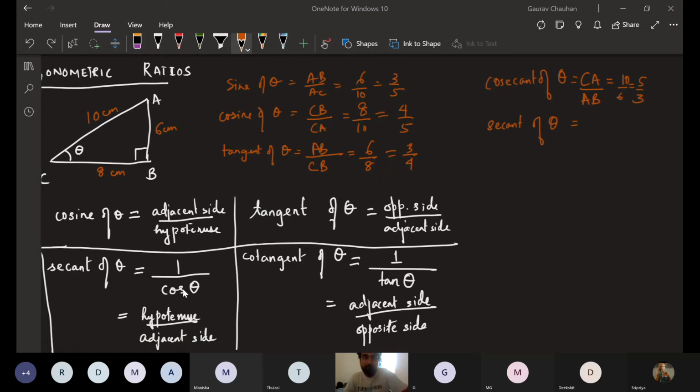Sir, secant is CA divided by CB. CA, that is the hypotenuse, divided by adjacent side. Adjacent side is BC. So we write CA divided by CB, and that is equal to 10 divided by 8, that's equal to 5 by 4. Perfect, Asgar.